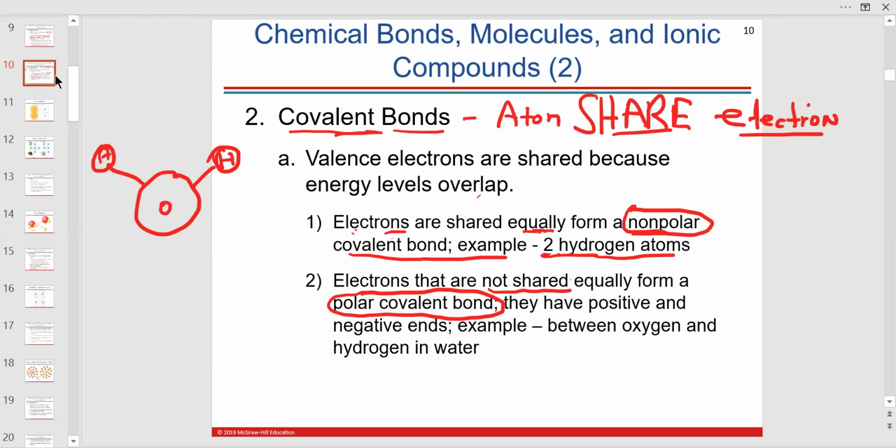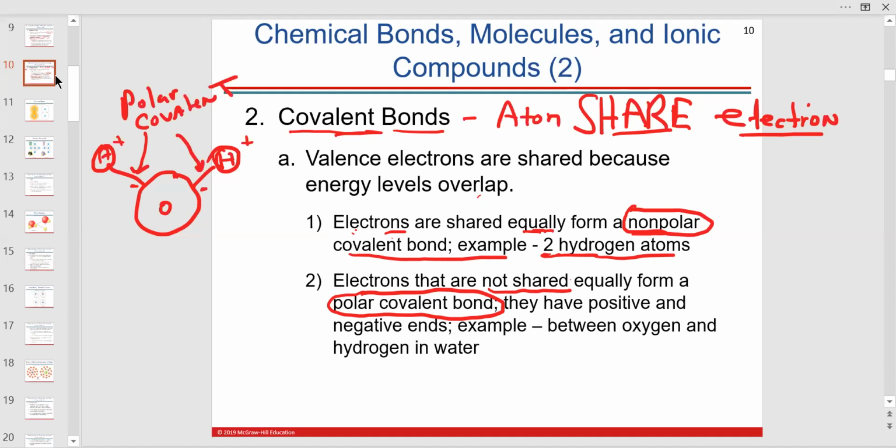But oxygen is bigger, first of all. It tends to be more electronegative, where hydrogen lost an electron, so it's going to be more positive. So the bonds between hydrogen and oxygen, both of these bonds, are always polar covalent.